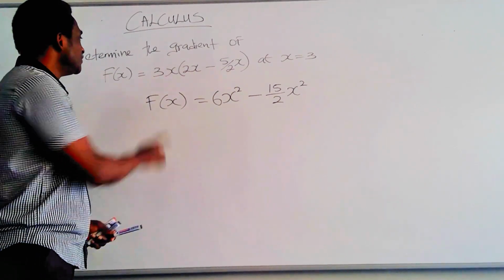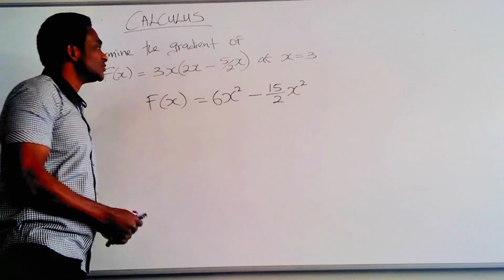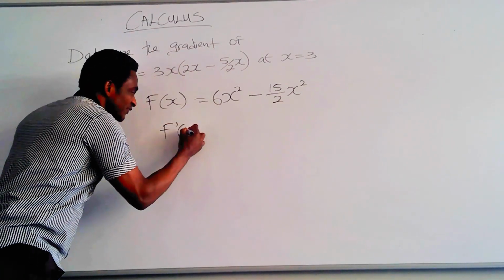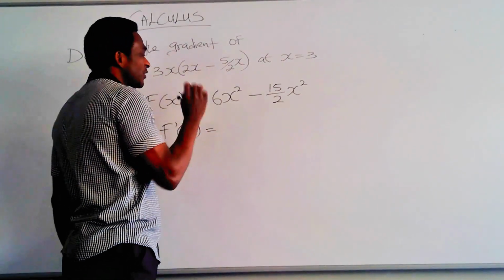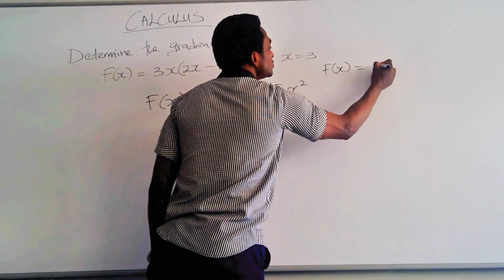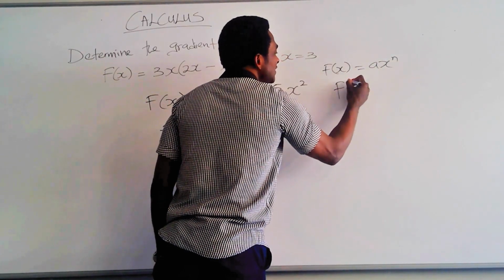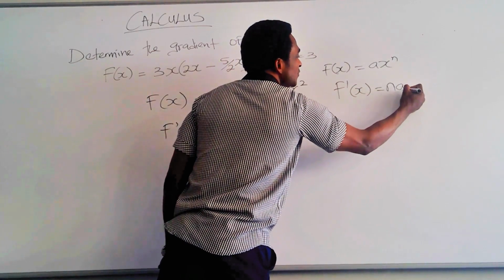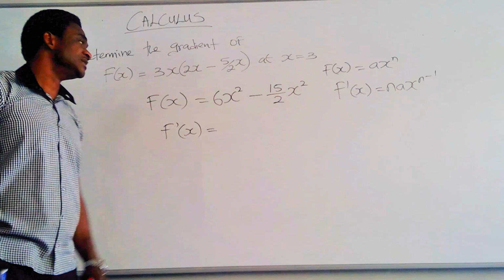Now, what do we do? This is 6x squared. This is 15x over 2. We find the first derivative first. Remember the formula: if we have f of x equals x to the power of n, the first derivative will always be to multiply the exponent with the coefficient and subtract 1 from the exponent.